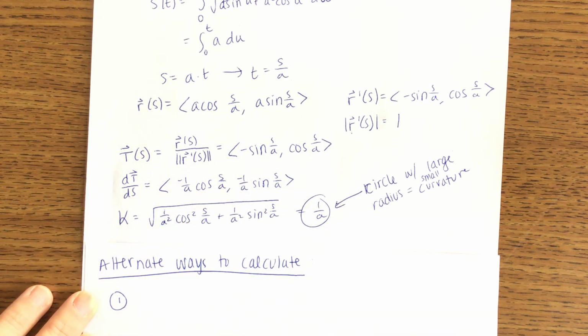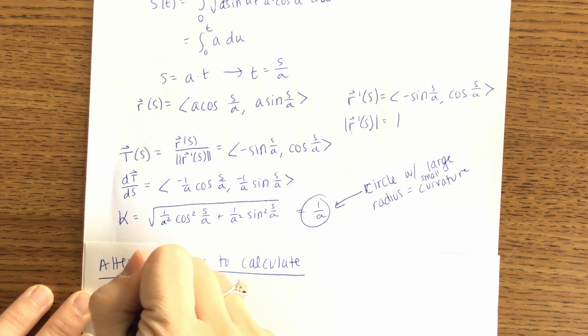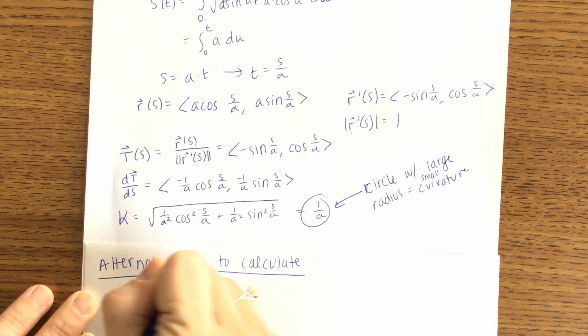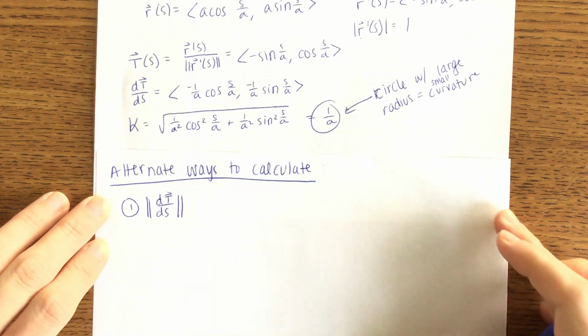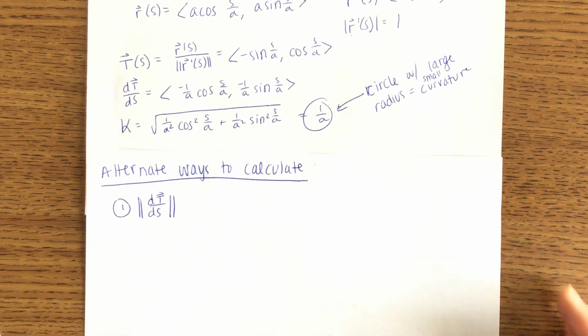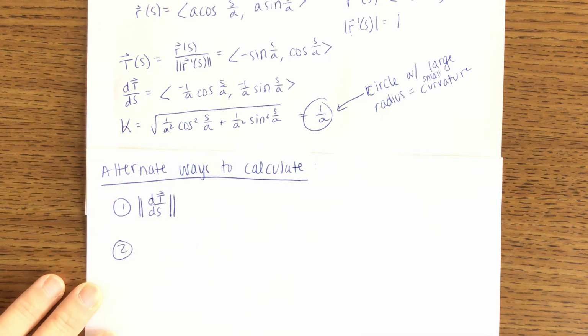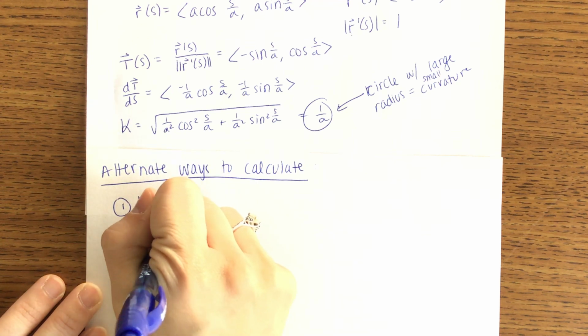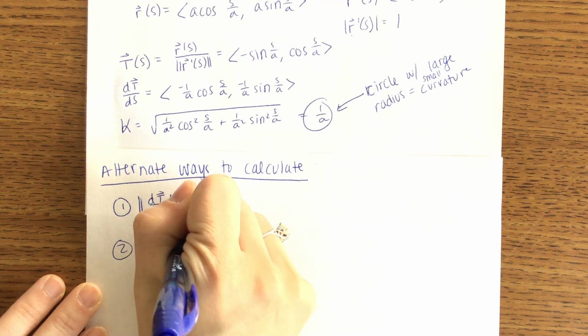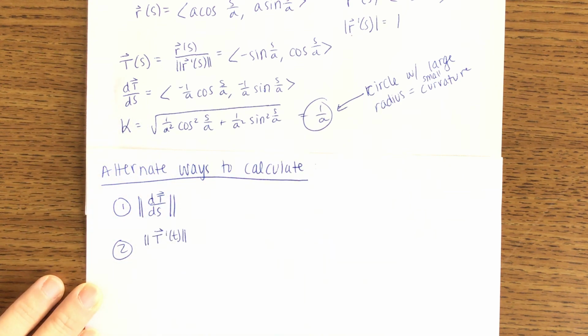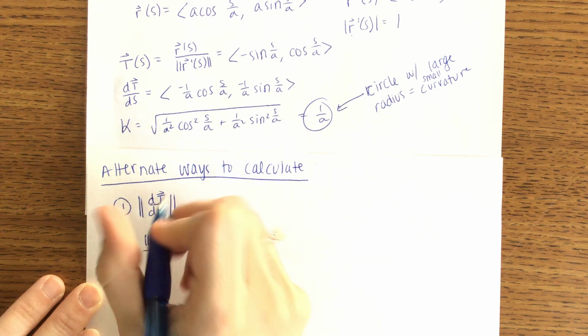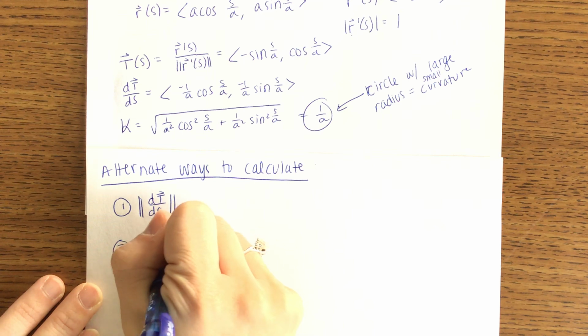Okay, first one is the one that we just wrote down, the norm of dT/ds. In my opinion, that is the most tedious and least helpful. These next two are a little bit more helpful. Other way, you can take the norm of T prime of t and divide it by the norm of r prime of t.